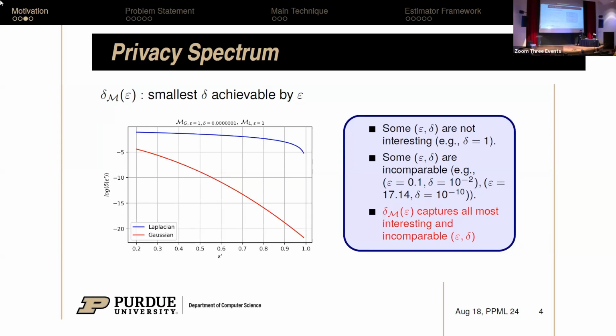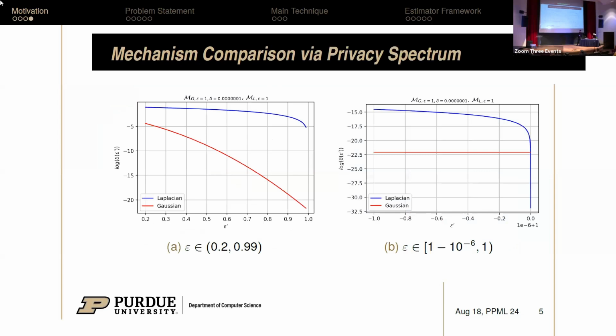To give an intuition, we plot the privacy spectrum of the Gaussian mechanism and the Laplacian mechanism. Taking a closer look, we can see that in most of the region of epsilon, the Gaussian performs better than the Laplacian in terms of privacy. This interesting observation suggests that the privacy spectrum seems more useful than just a single pair of epsilon and delta.